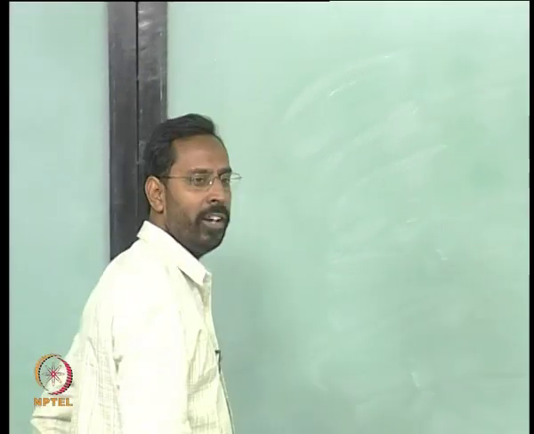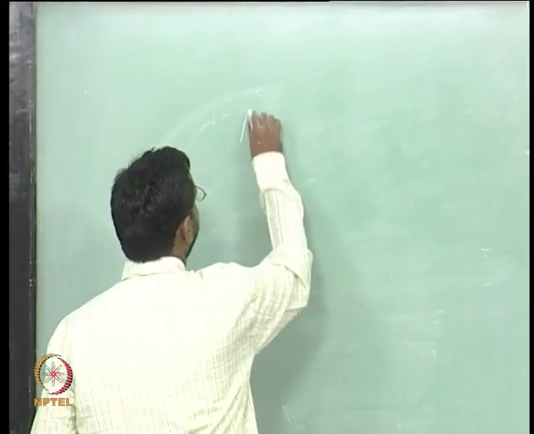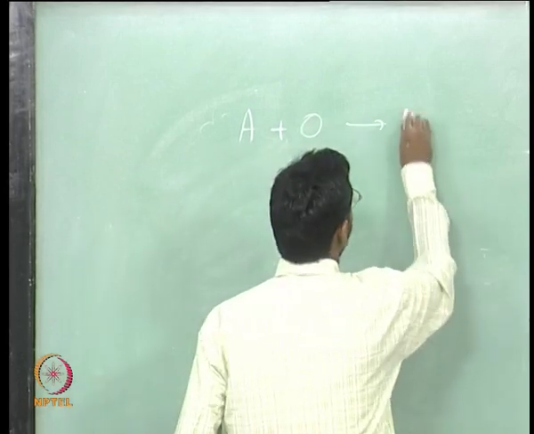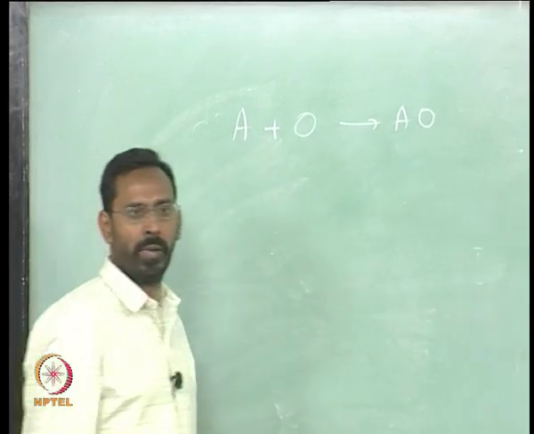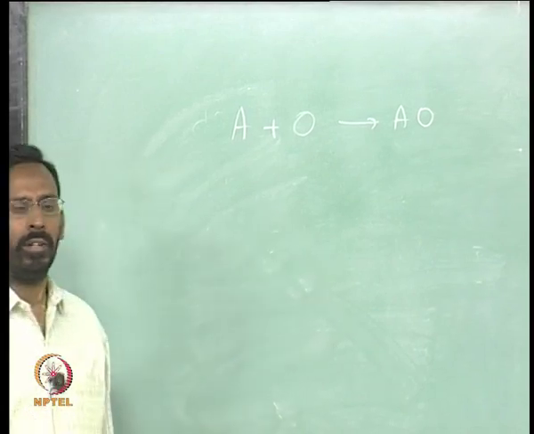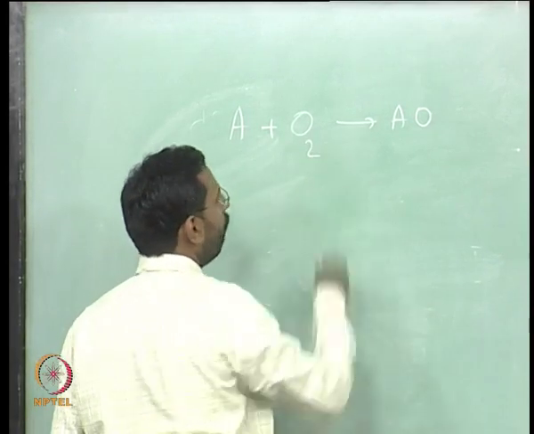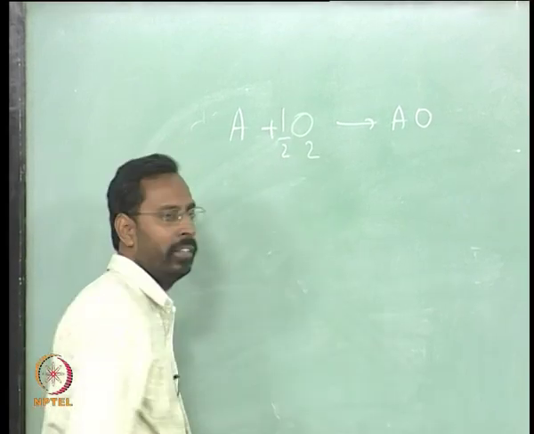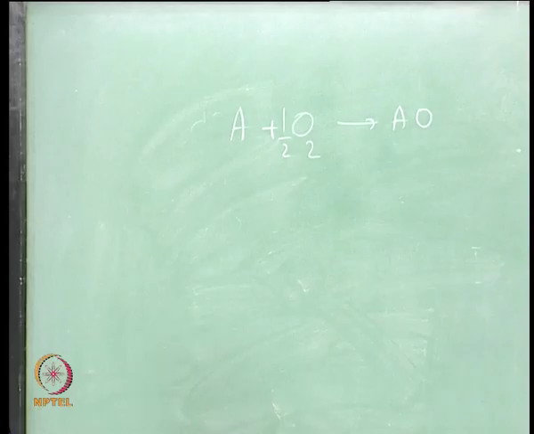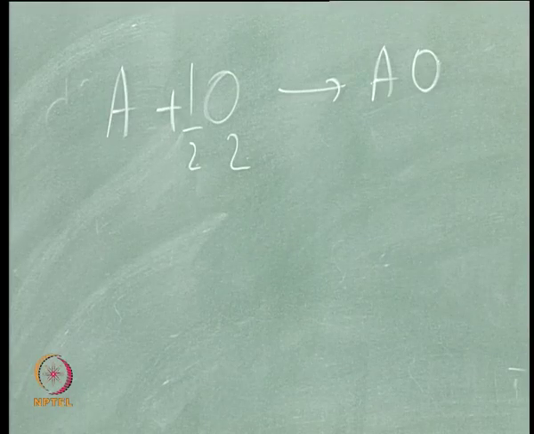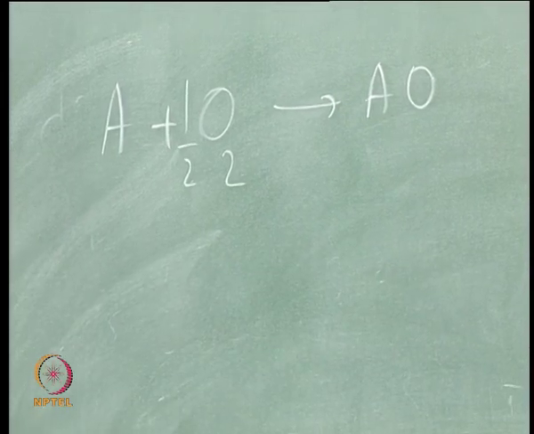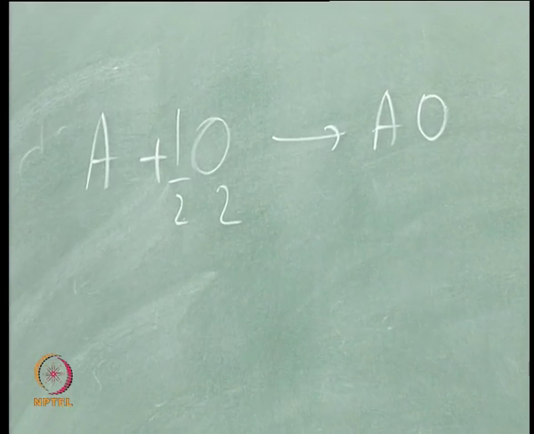For that matter, let us simply take a simple case where A reacts with O and gives you AO. You can also call it O2 and take half of it, so that A gives you AO with 1/2 mole of oxygen. If you are taking such a reaction, how do we understand the thermodynamics of this kind of reaction?